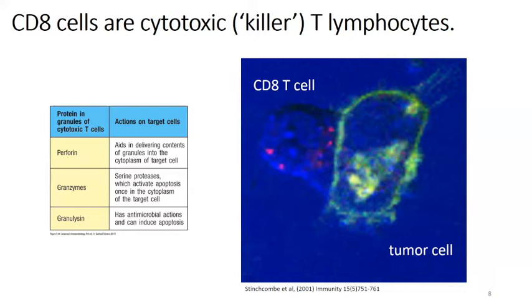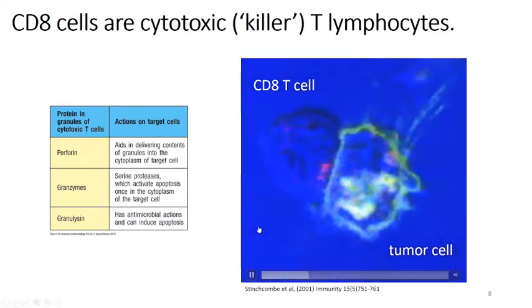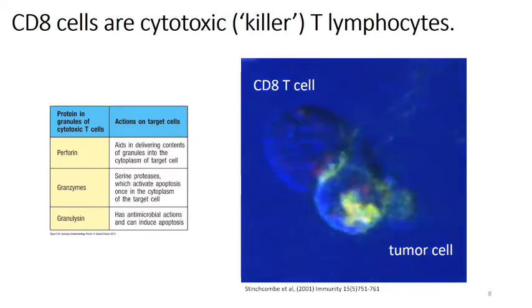Those granules will relocate to the synapse and deliver their cargo into the synapse space. See the tumor cells start to go into apoptosis. You see the granules moving into the synapse there, and the target cell shows characteristic apoptosis.